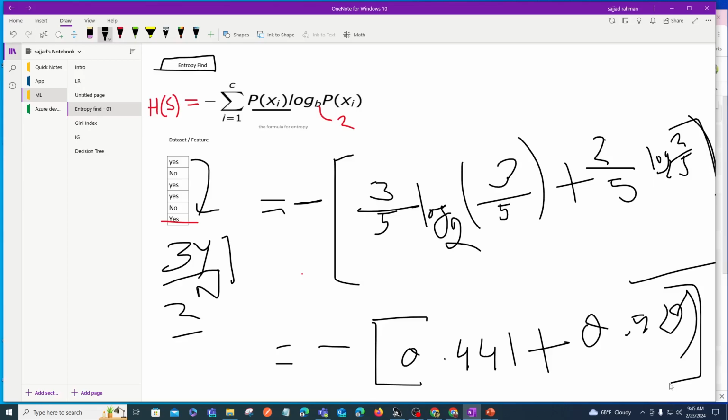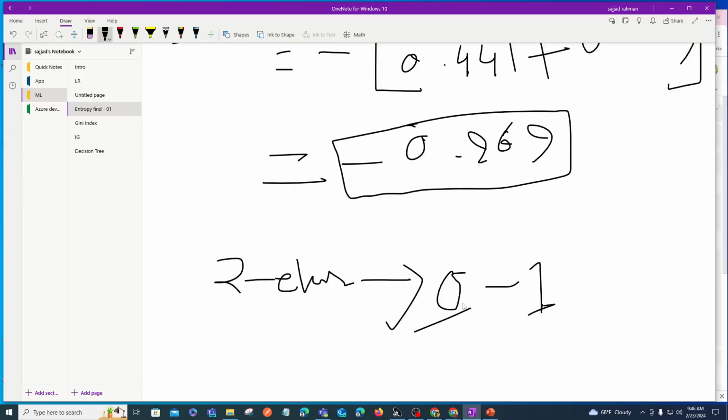0.969 is very high randomness. Generally if there are 2 classes, which means one is yes and another is no, the randomness limit is 0 to 1. The closer to 0, the less randomness we have in our system.